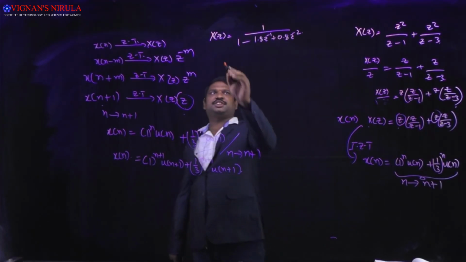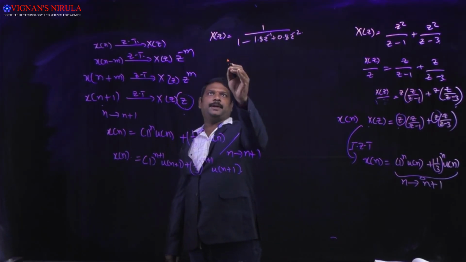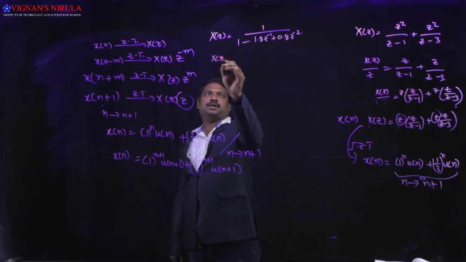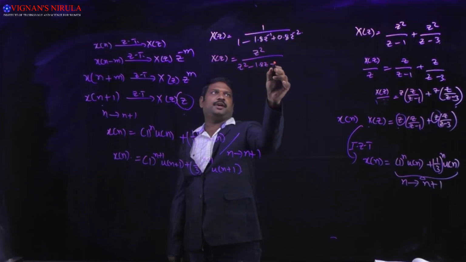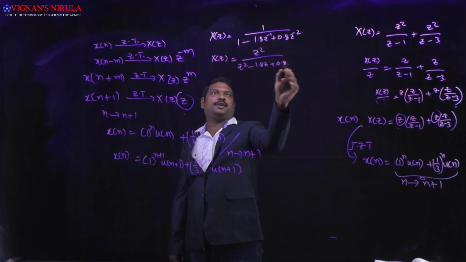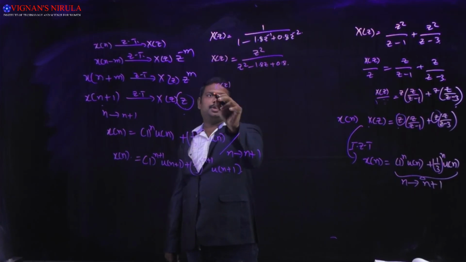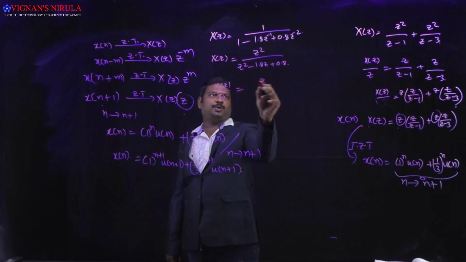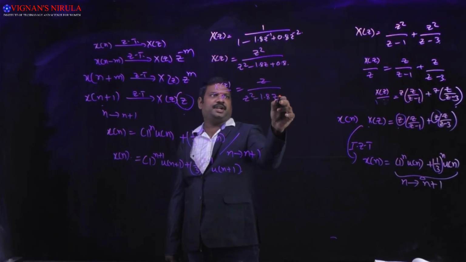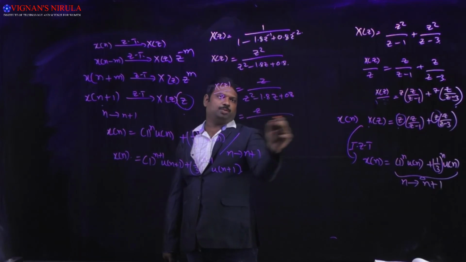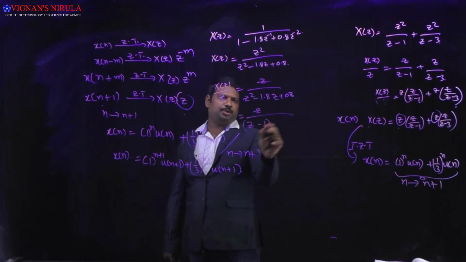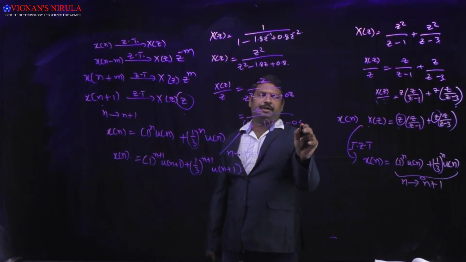If you see this particular x of z, simply multiply the numerator and denominator with z square. That gives z square minus 1.8 z plus 0.8. Take one z to this side: x of z by z is equal to z by z square minus 1.8 z plus 0.8. When we find the roots of this, it will be z minus 1 into z minus 0.8.